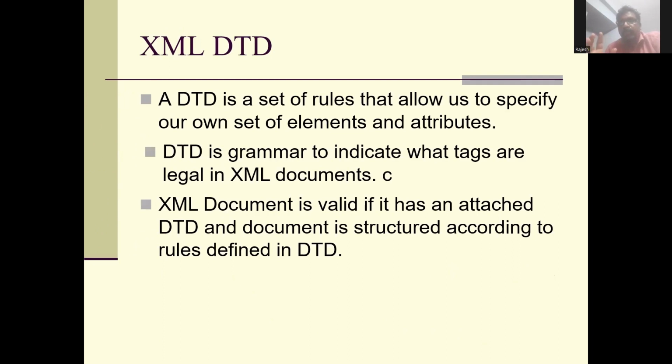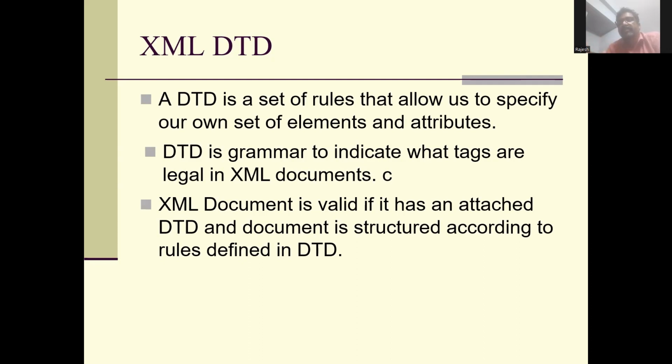In order to define the structure of the XML document, we need a document type definition. Whenever you create an XML document, if it has one or more elements, those should be legal elements. So how do we make them legal?